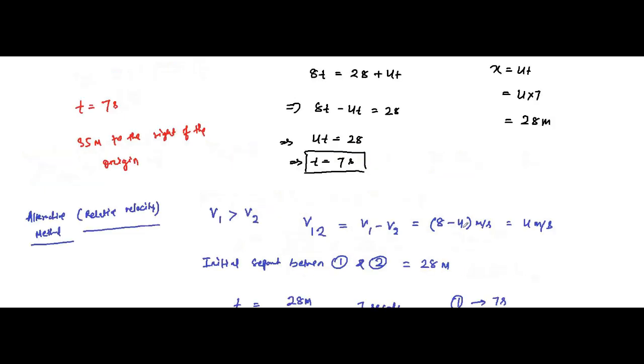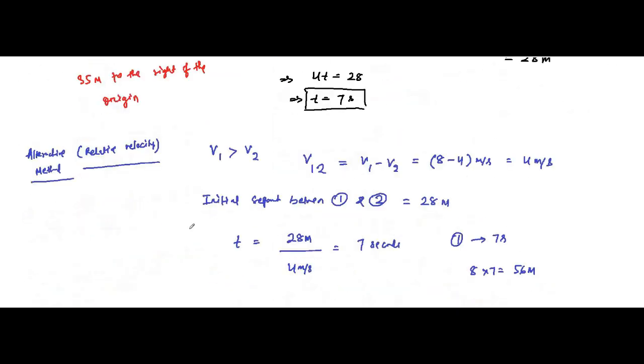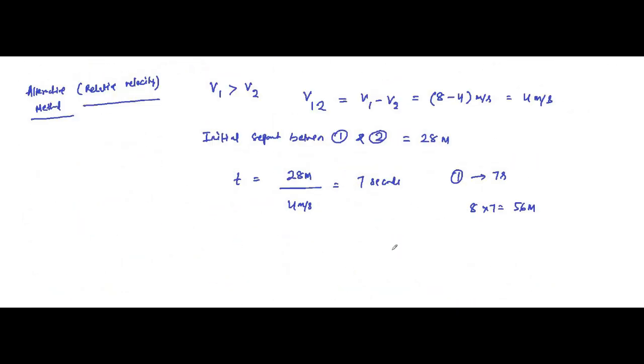This is the distance travelled by particle 1 in those 7 seconds. If we subtract 21 meters from it, 56 meters minus 21 meters, that is equal to 35 meter to the right of origin.